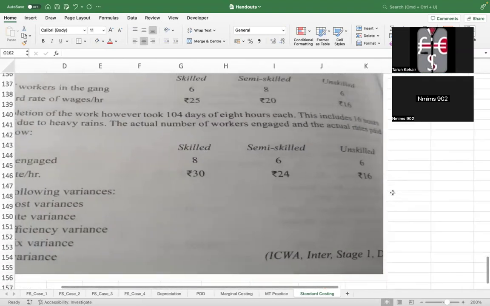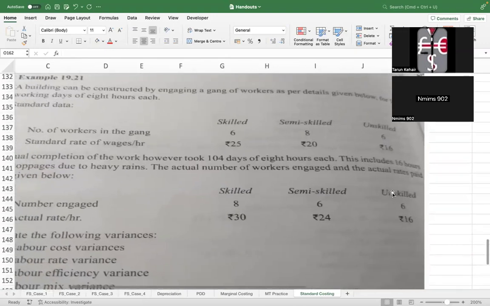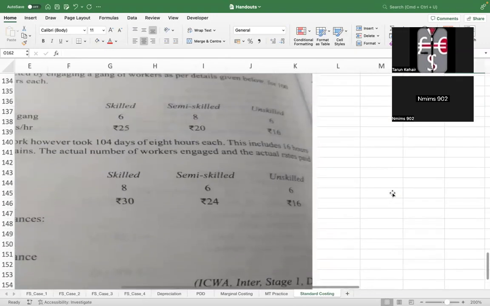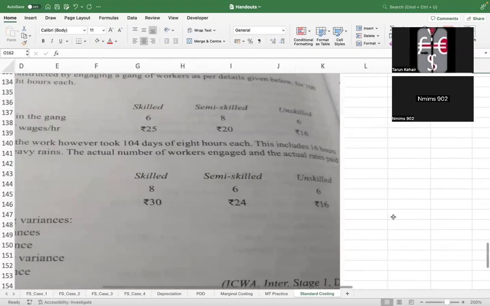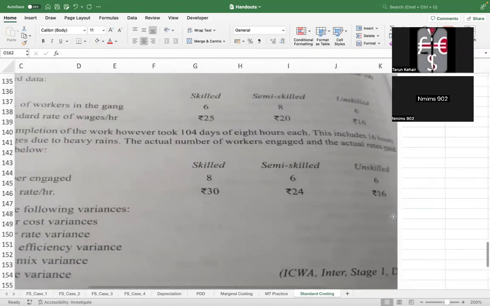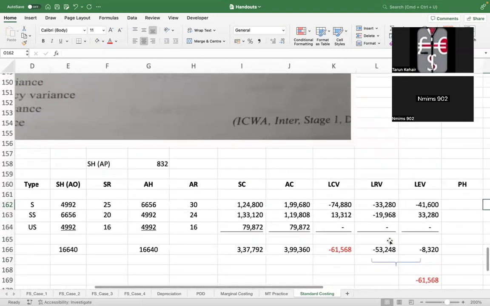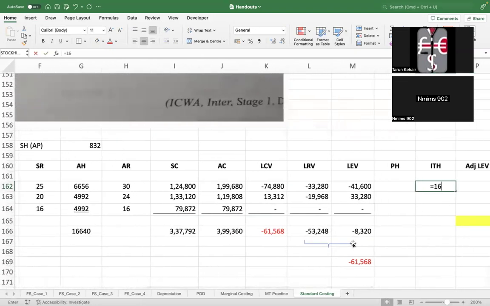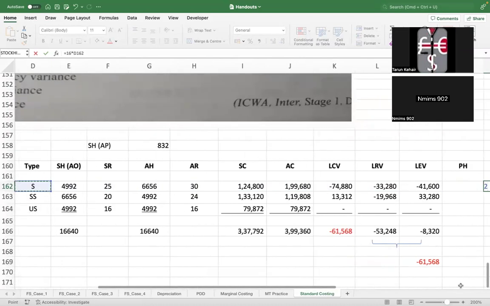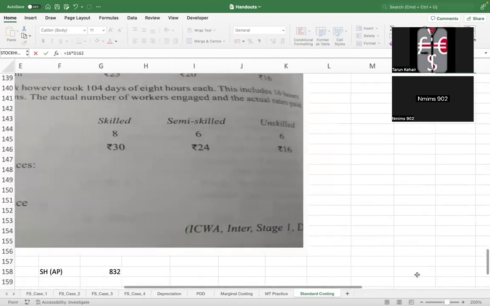How many hours have we lost? We have lost 16 hours per worker. Correct. Very good. So 16 hours into actual workers worked. Actual workers कितने हैं? 8, 6 and 6.